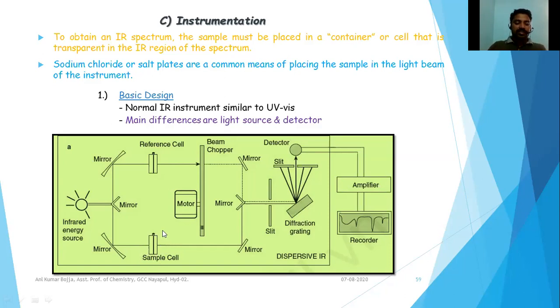We can definitely say that the intensity of the radiation passed through the sample will be decreased, because some part of the infrared radiation must be absorbed by the sample. This is the transmitted light, this is the incident light. So the transmitted light intensity will be decreased.